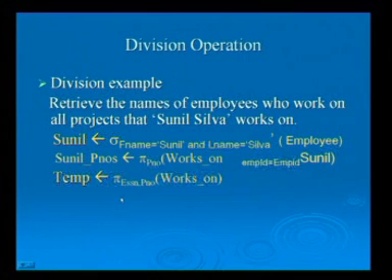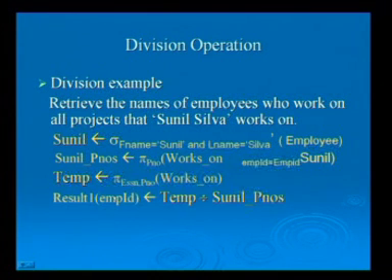Now what we are going to do here is to apply the division operation on temp and Sunil's project numbers. So, we divide temp by the Sunil's project numbers relation. You can see temp has got two attributes, employee ID and project number, and Sunil's project numbers relation has got one attribute, that is project number.